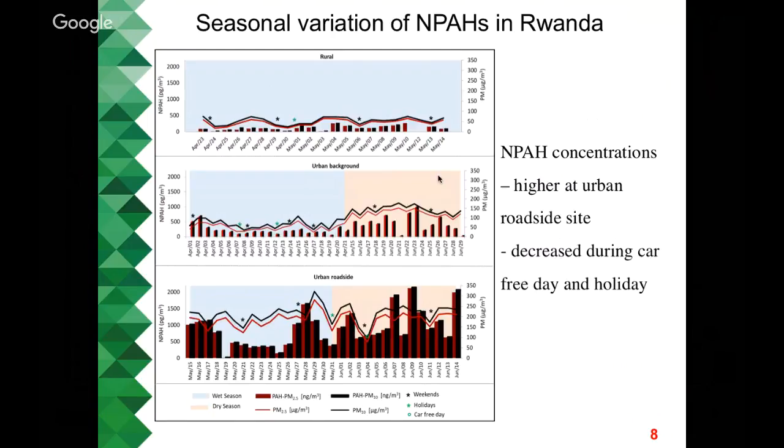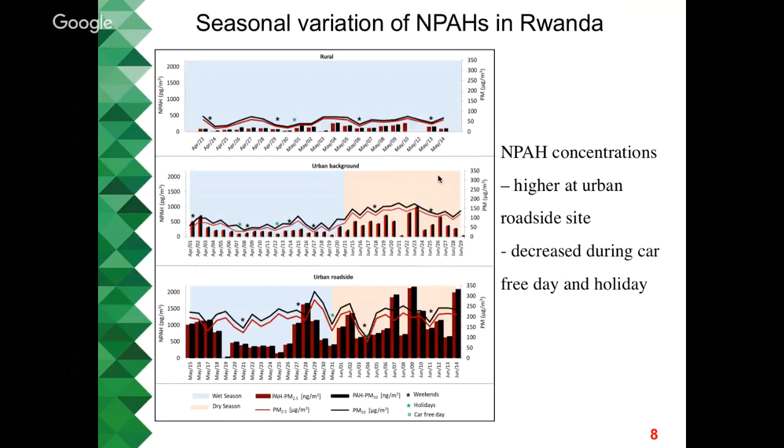The most important, this compound significantly decreased during holidays, weekends, and car-free days. In Rwanda, we have a car-free day every Sunday of the last month. The government initiates this car-free day as a mass exercise, where everyone has to stop.